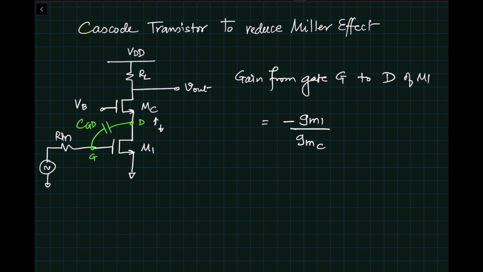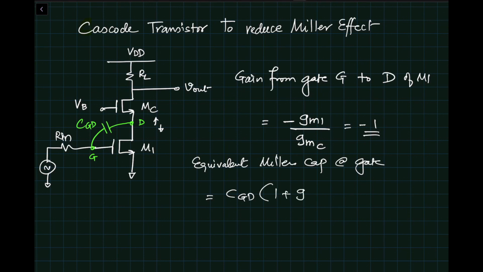Now if the two GMs are about the same size, they will be in the same ballpark, and that would look like minus 1. So the equivalent Miller capacitance at the gate will now be equal to CGD times 1 plus gain. The sign is plus because we know that the gain is negative from gate to drain. So this will look like CGD times 1 plus GM1 divided by GMC, which will be approximately 2 times CGD.